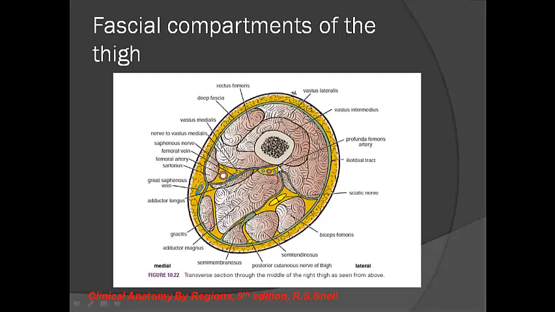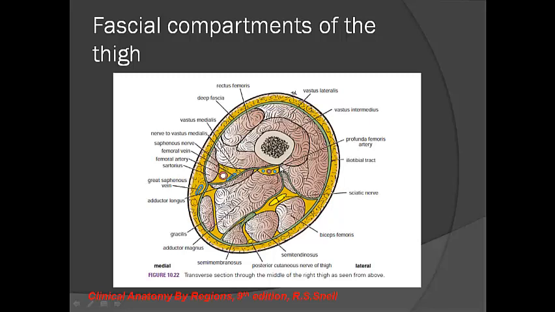Okay, and just to give you guys a little bit of orientation, let's say, okay, this upper part here, or this half of the picture is anterior, and then over here, this is more towards the back, okay?